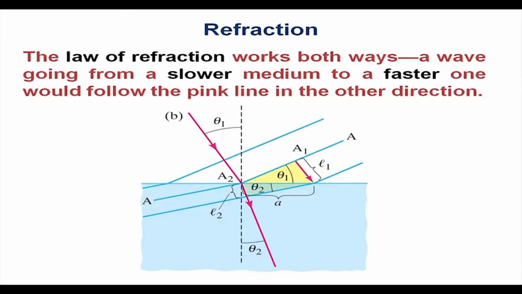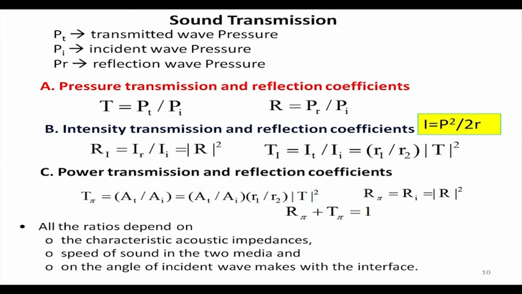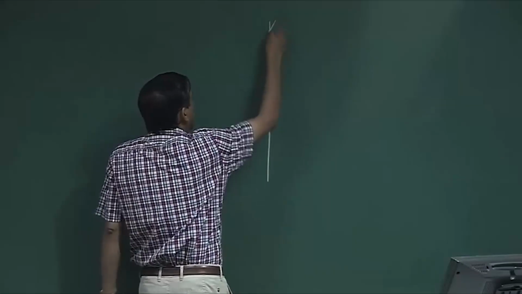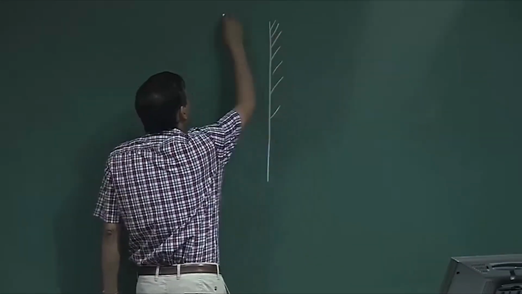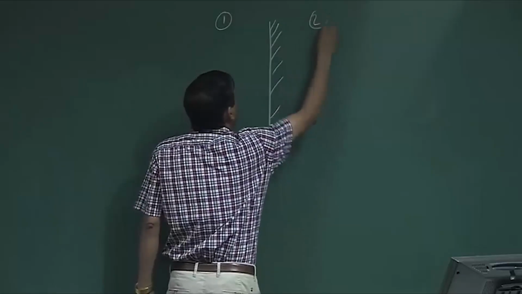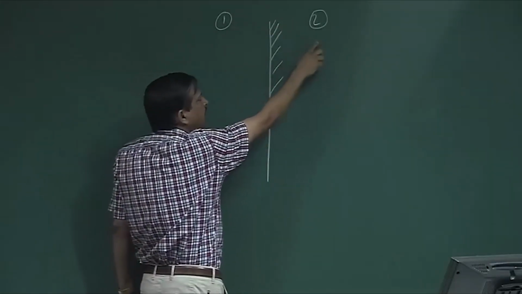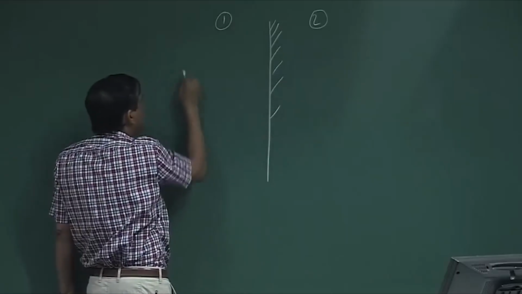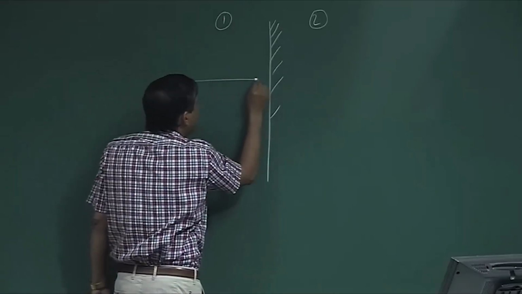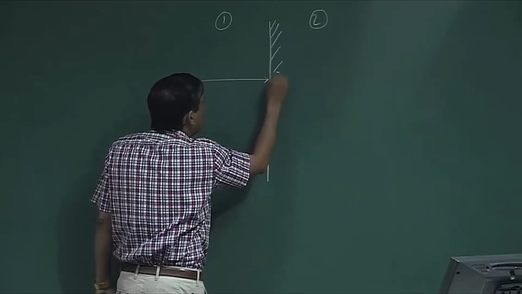So let us forget about that for now. All the theory which we will discuss here is derived based on fluids, but the same phenomena will exist for solids and air also. So there are two fluids: this is fluid number 1 and this is fluid number 2, or you can say medium 1 and medium 2. One acoustic wave is normally incident on the boundary of the two media.